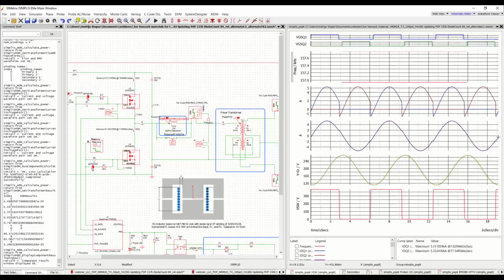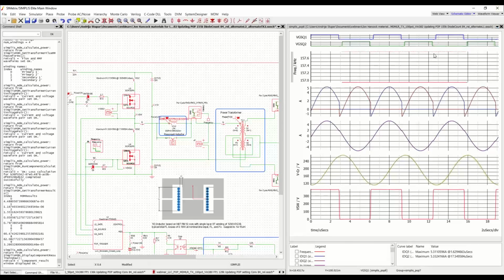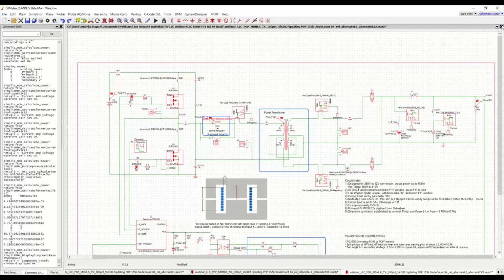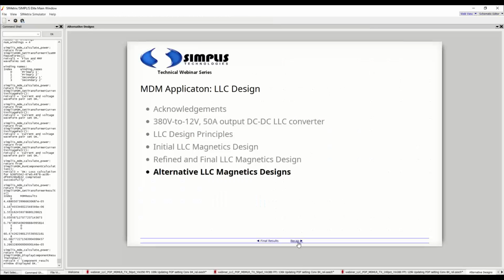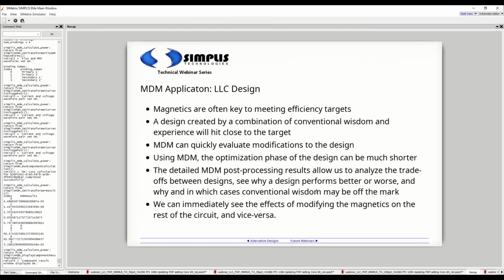So let's go back to our slides and recap. Magnetics are often key to meeting efficiency targets, especially in a complicated design like an LLC.